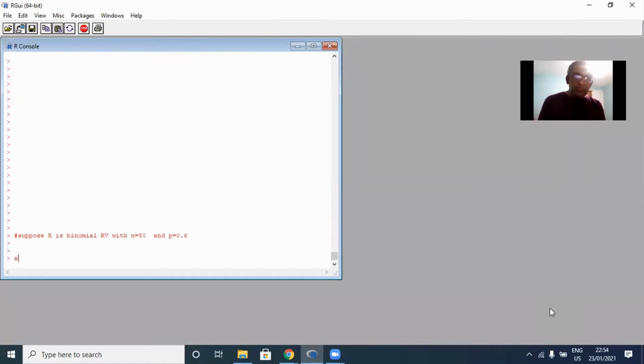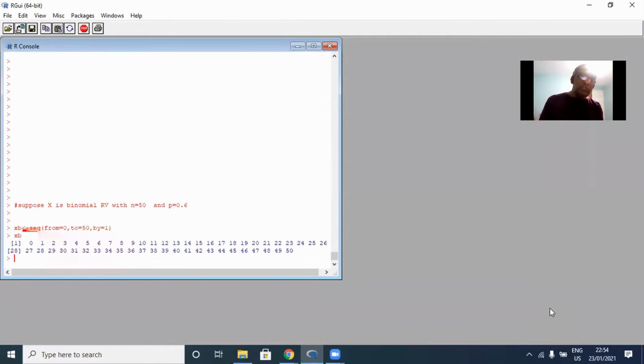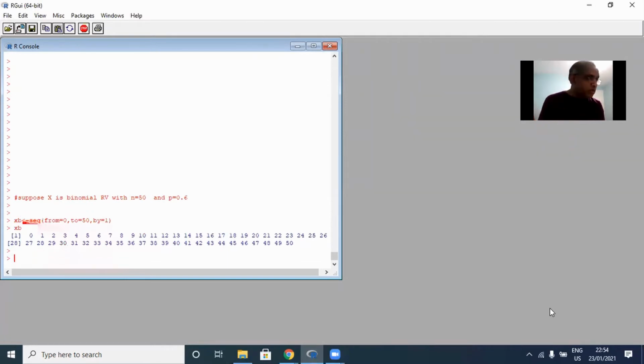Now, if you type xb equal to a sequence from 0 to 50 by 1, this gives you the numbers from 0 to 50 in steps of 1.